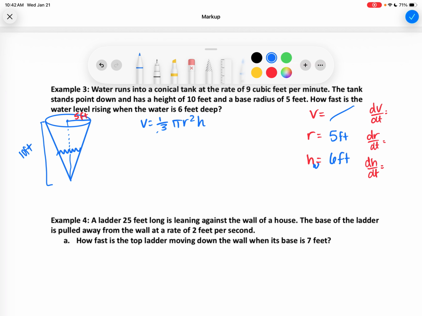I could not find the number. So 9 feet cubed per minute. And I'm ultimately solving for the water level rising, which means I'm solving for dH/dt.